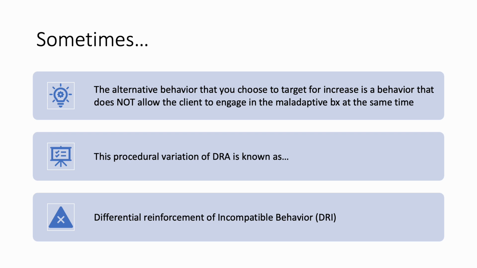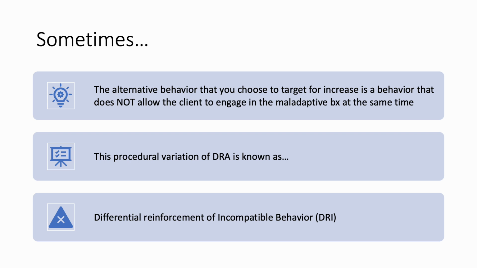And this procedural variation is called differential reinforcement of incompatible behavior, or DRI. The procedure is exactly like DRA. So you have the maladaptive behavior that you're placing on extinction, or you're reinforcing at very, very low rates. Usually when we talk about differential reinforcement of DRA, we're talking about it with extinction, but I just want you all to know that that's a variation of it.